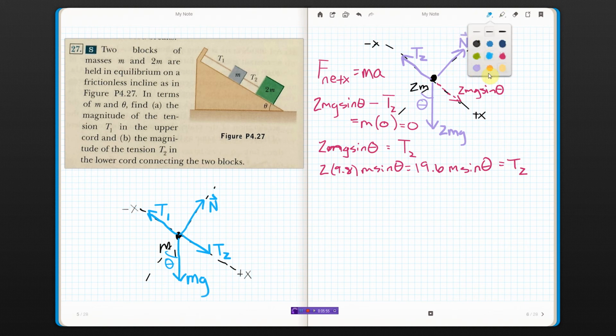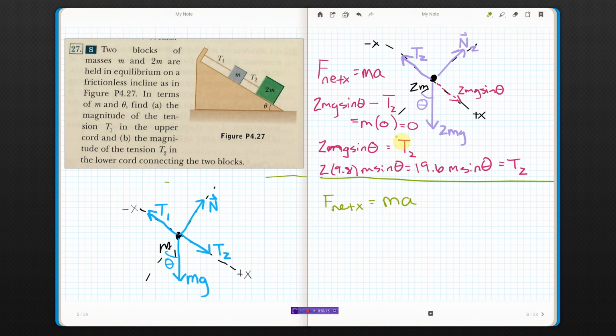Okay, let's just draw a line here. Now we're going to do this diagram. I'm kind of out of room on this side, so I'm going to do that over here. Same thing, F net in the x direction is mass times acceleration. We've got T2 pulling down the slope.